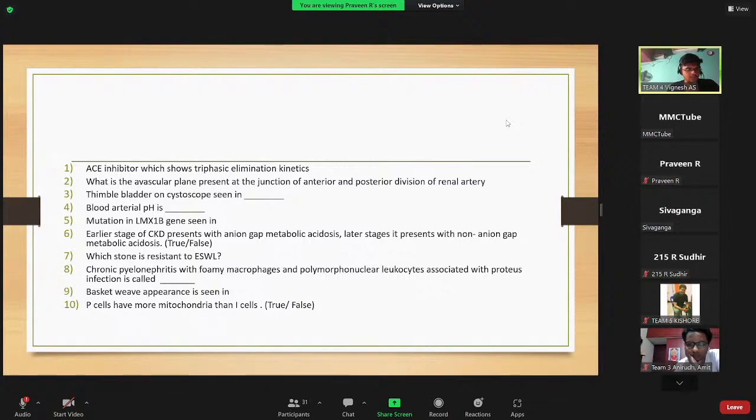Nail patella syndrome, fifth one. Sixth one, true. 10th one, true. Okay, time's up.